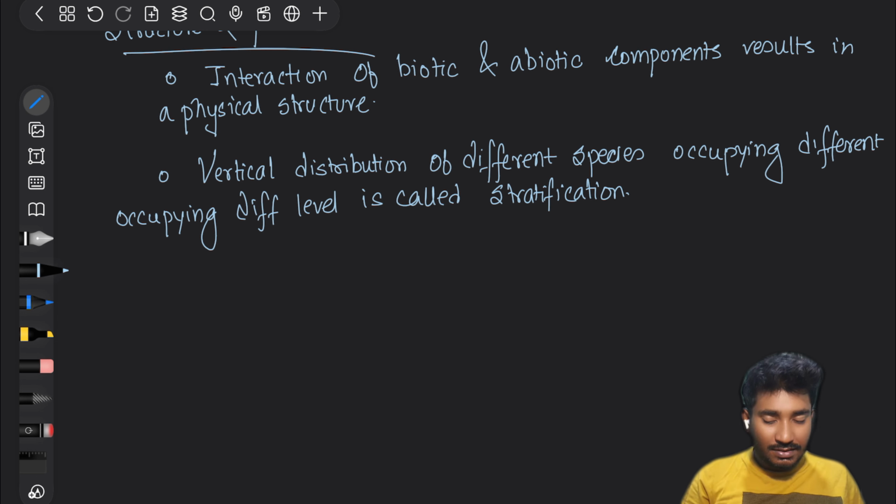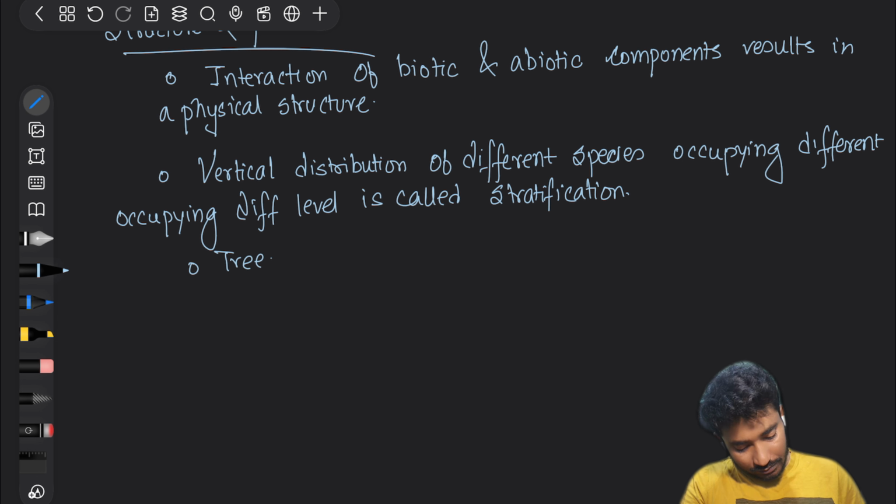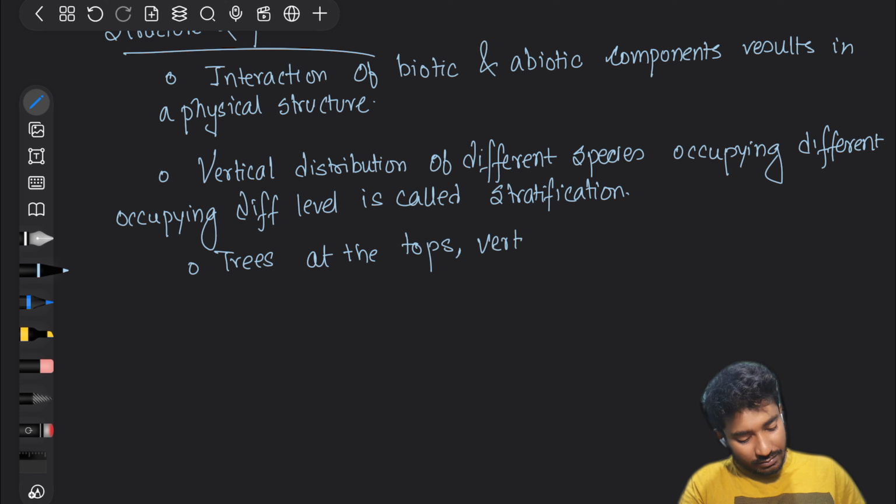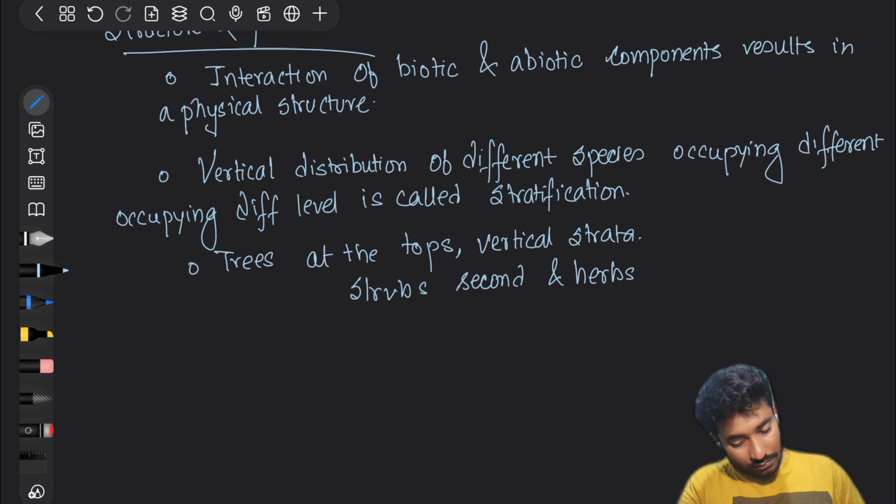Like trees are at the top vertical strata, shrubs are second, and herbs and grasses occupy the bottom layers.